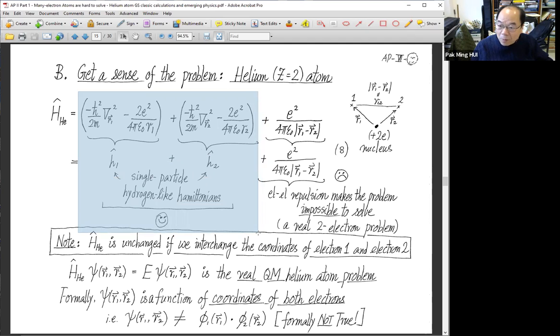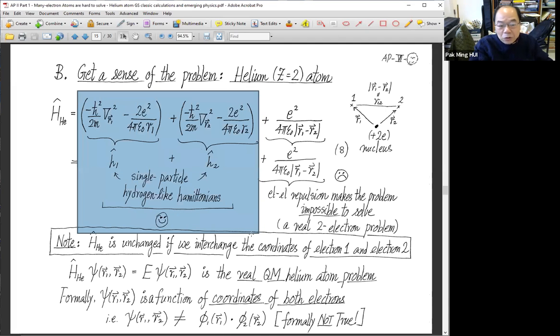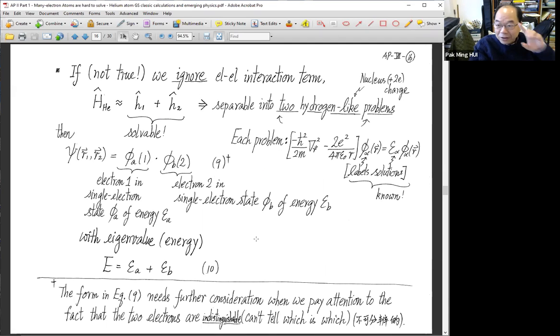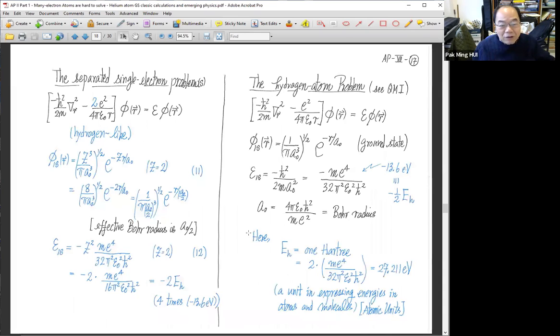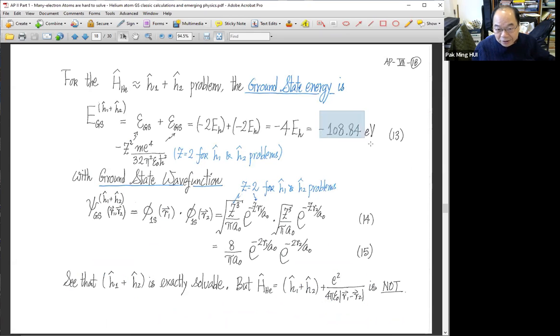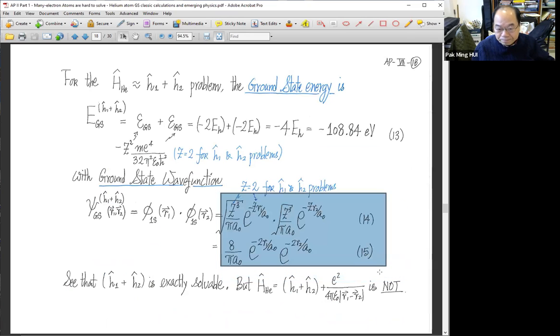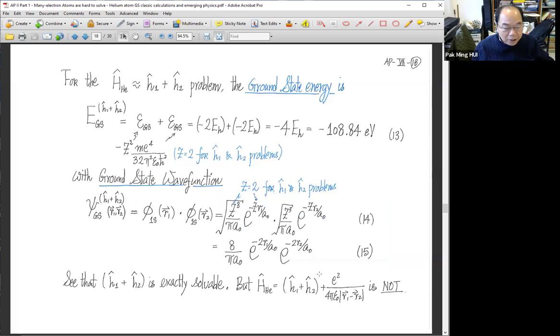It is a solvable part. The solutions, well, focus on the ground state, very humble. So the ground state energy is this. The ground state wave function of this part only is these 2 expressions. Okay, so we are making progress, but don't be too happy.